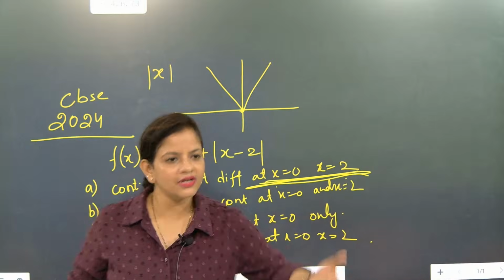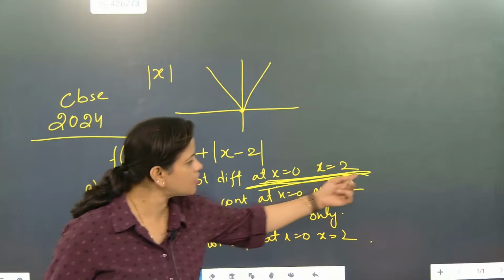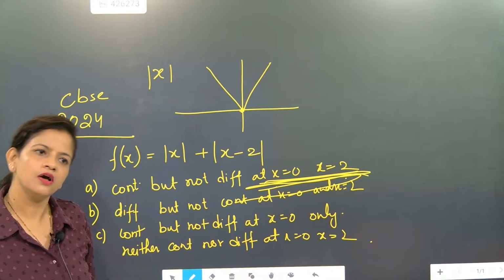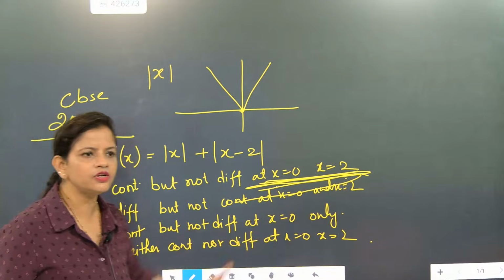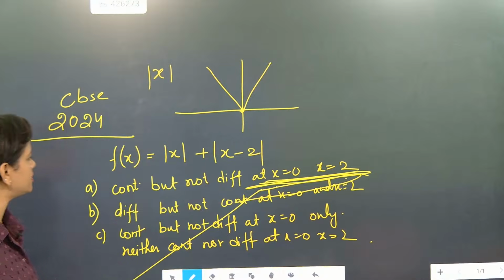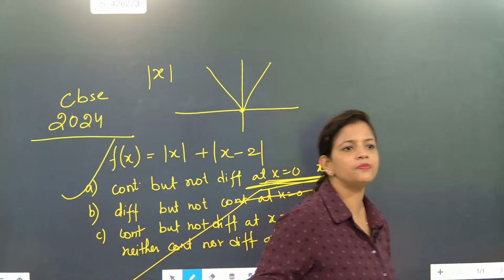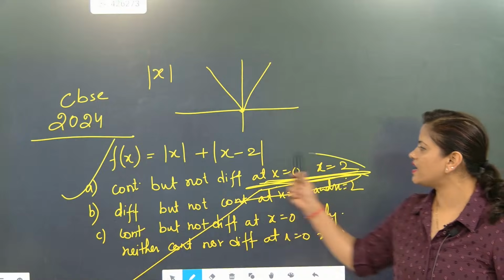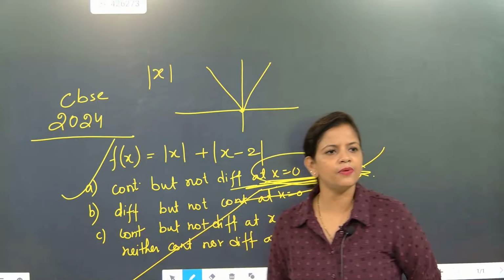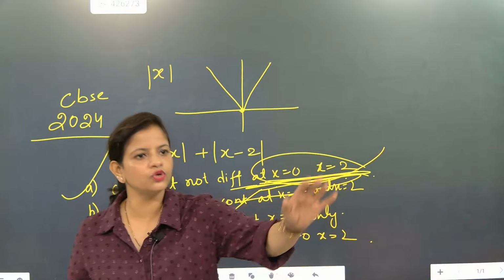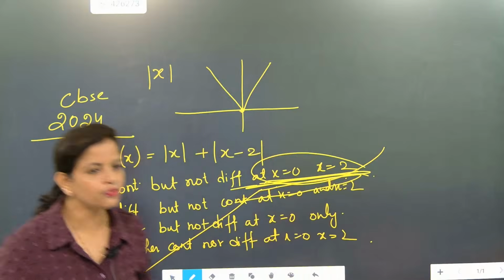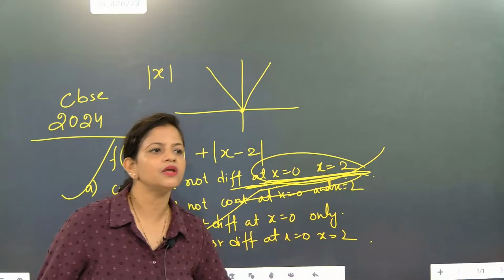They are specifically asking where the contact is coming, 0 and 2, so we do not have anything to check. We cut this and say A is the answer: continuous but not differentiable at x is equal to 0 and 2. Story over. We will not waste our time in examination.